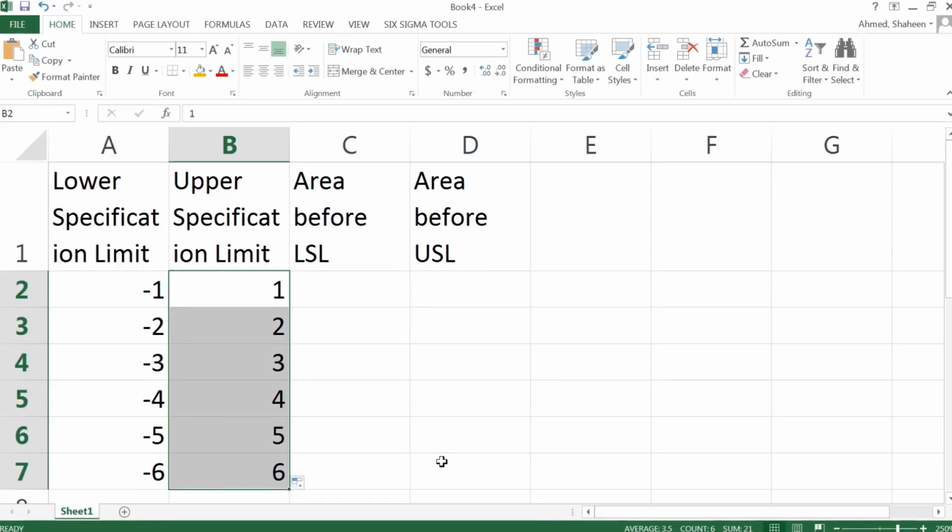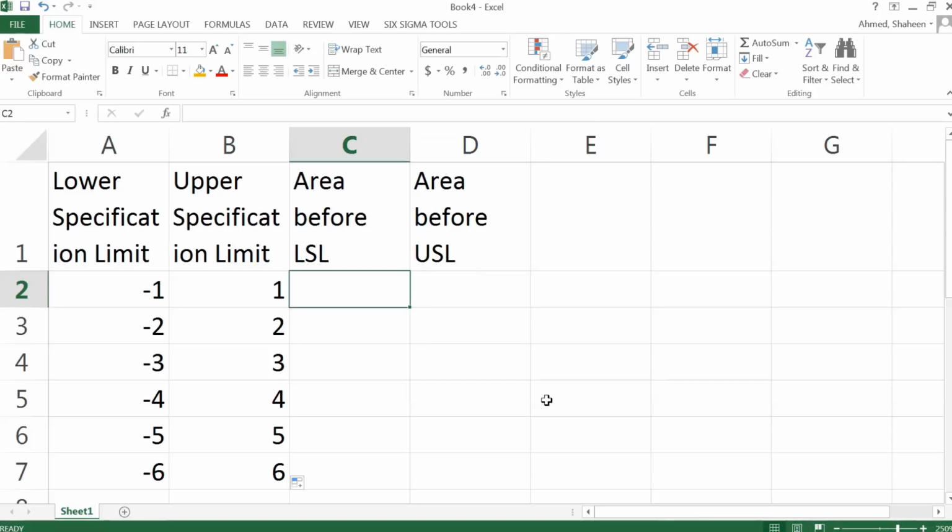So let's go. Now to calculate area, because we are using a standard normal distribution, we'll explain later in the probability section the difference between standard normal and just regular normal. In this case, we are using a standard normal.